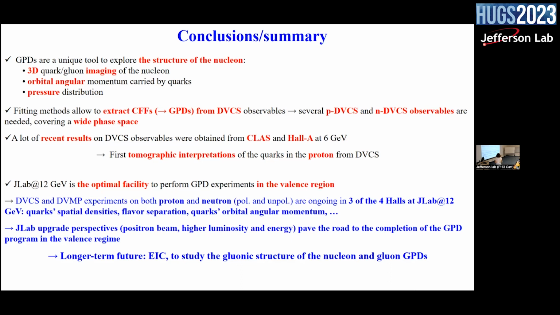And there are several upgrade perspectives. There is the possibility of a positron beam, increasing the luminosity and the energy at JLab. And this paves the road to complete the GPD program in the valence region. And if we want to look at the gluons and sea quarks, the plan is to go to the EIC and try to do that.